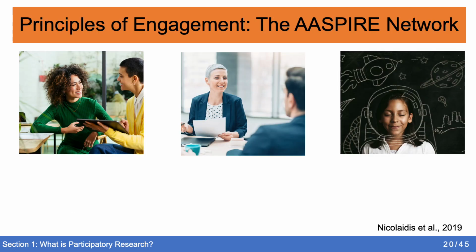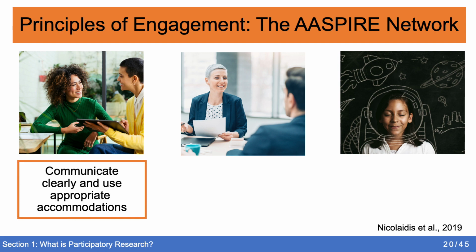The Aspire Network is a group of researchers and autistic people that create participatory research focused on supporting autistic adults, but they provide some information specific to engaging autistic community partners. For example, researchers should use appropriate accommodations to make sure people understand activities and can participate fairly. To truly partner with autistic people, the team should make sure their communication, sensory, executive functioning, and other needs are met in project activities.